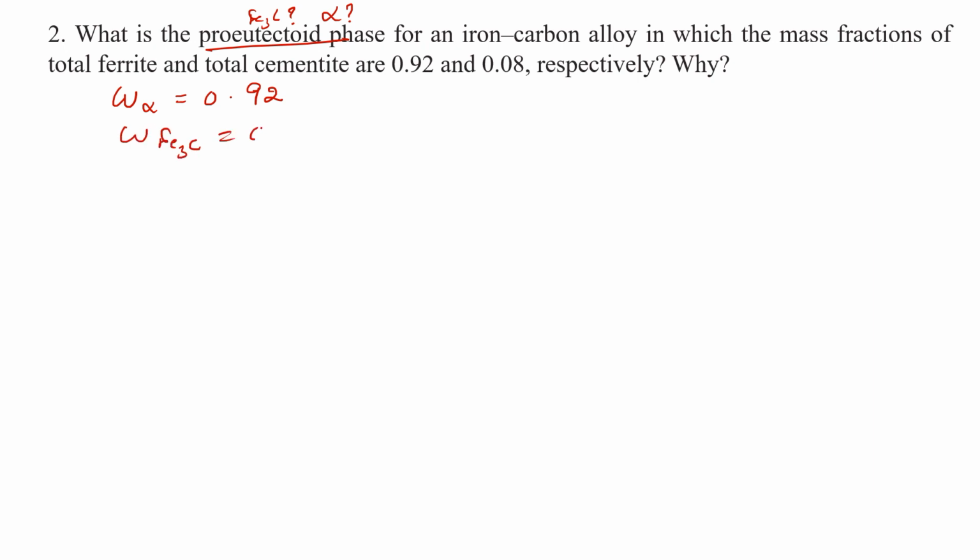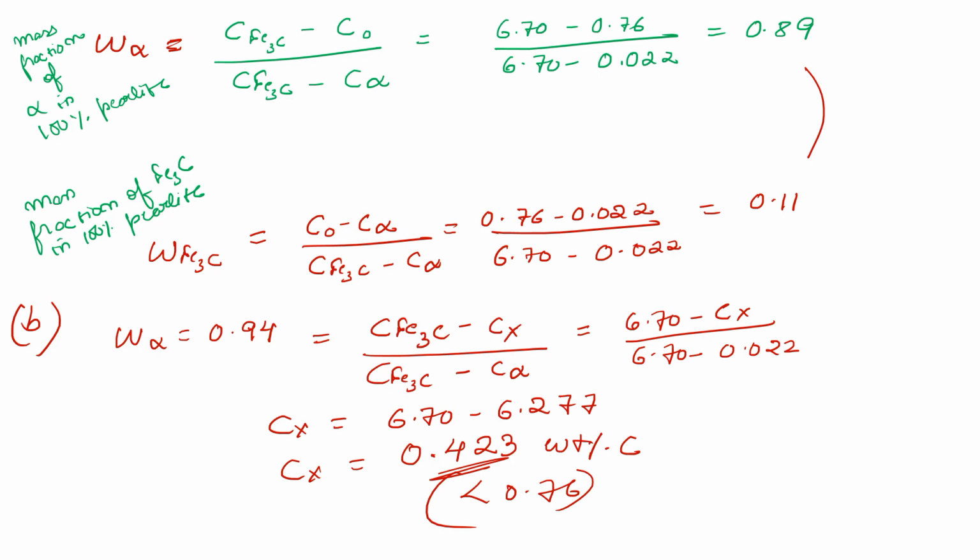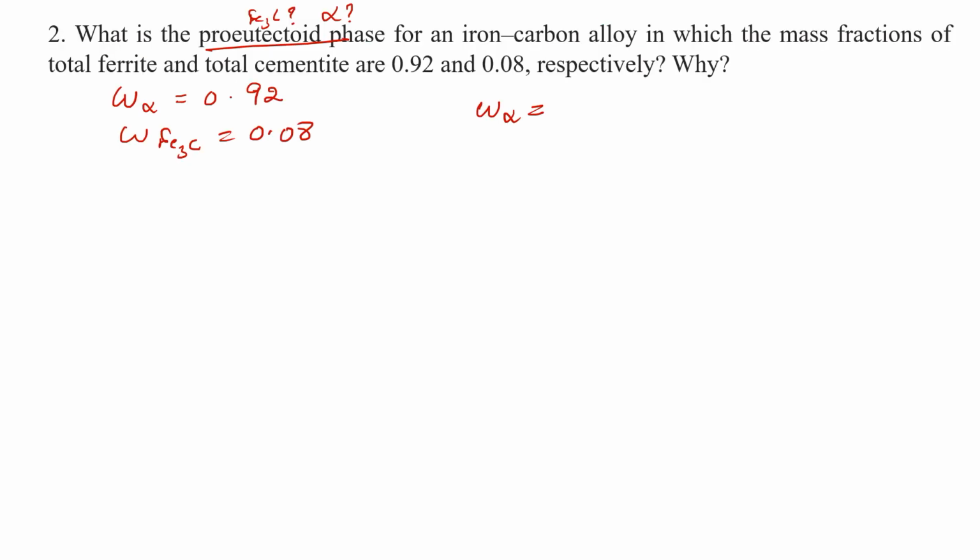We just need to know the mass fraction of alpha. As per our previous equation, it is C Fe3C minus C naught divided by C Fe3C minus C alpha, which gives me 0.92.